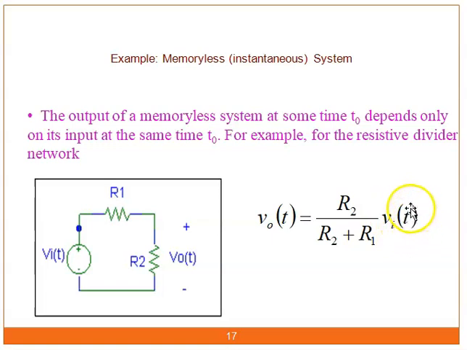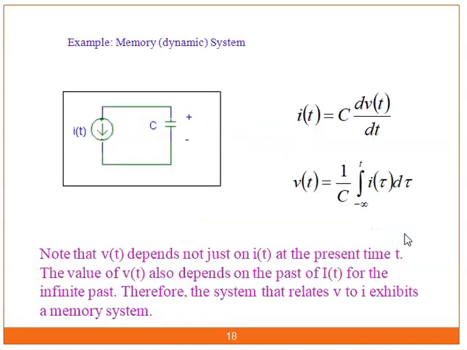So it does not depend on any past or future excitation. And here you have an example of a memory or dynamic system. Note that V(t) depends not just on I(t) at the present time, but also on the past of I(t) for the infinite past. Therefore, this system is a memory system.